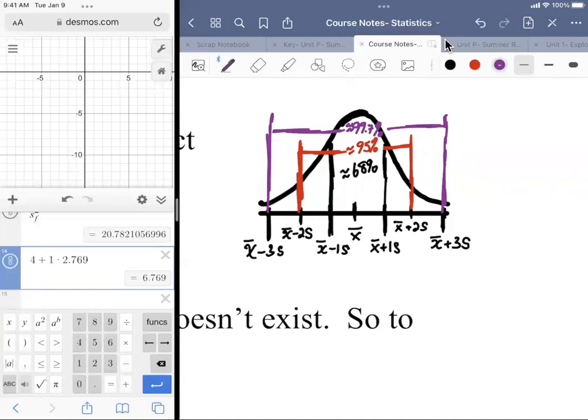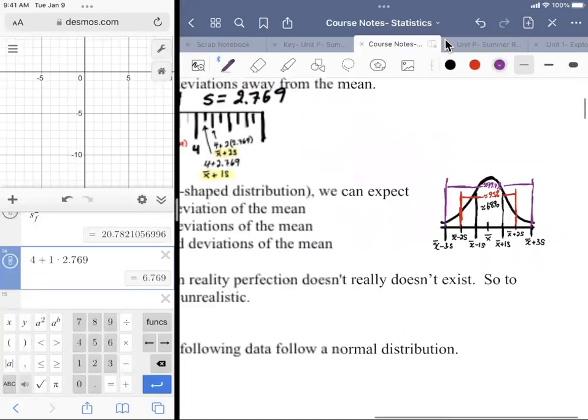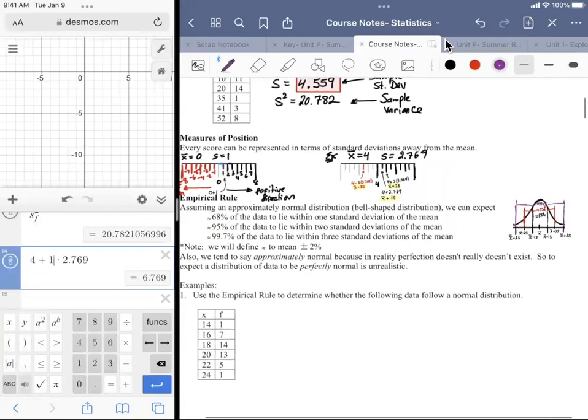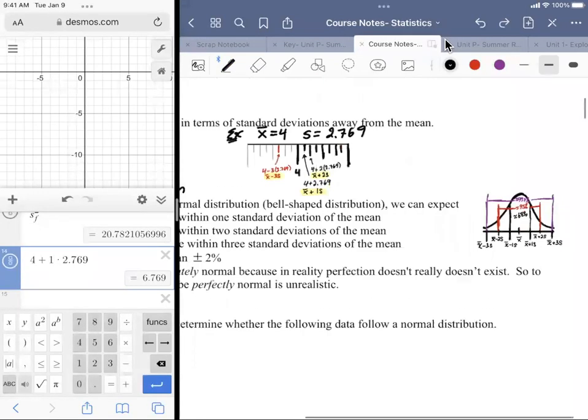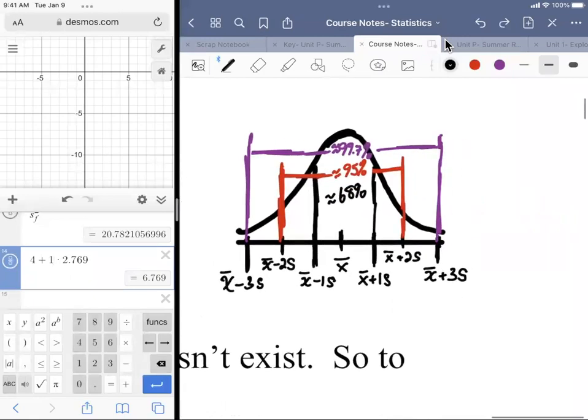All right, but yeah, these percentages, this is what we're looking at. If we can establish these percentages to be true based off of this graph and the data that corresponds to it, then we would be looking at something that's considered to be normal, or a normal distribution.